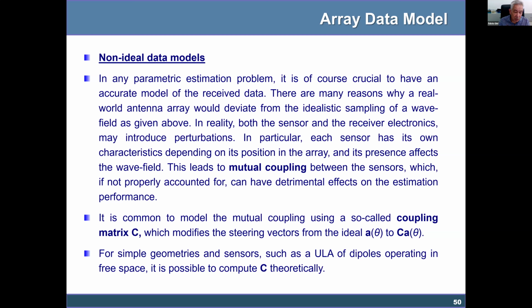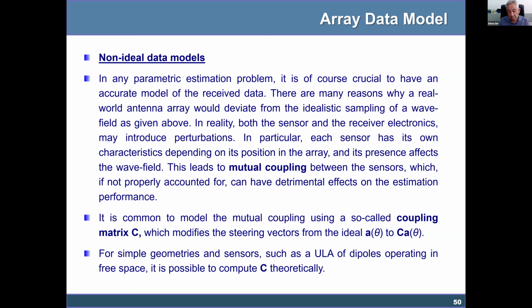And the model that we derive does not properly account for this effect. And I repeat, the mutual coupling cannot be neglected if the sensors are too close. If they are spaced enough, you can neglect it.